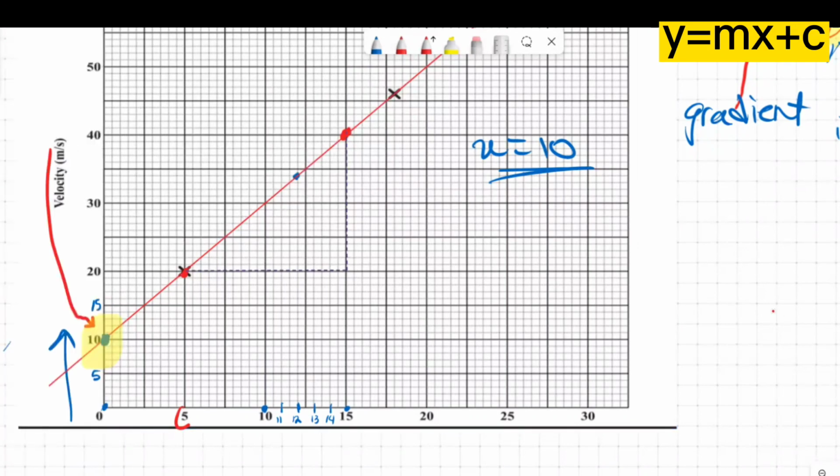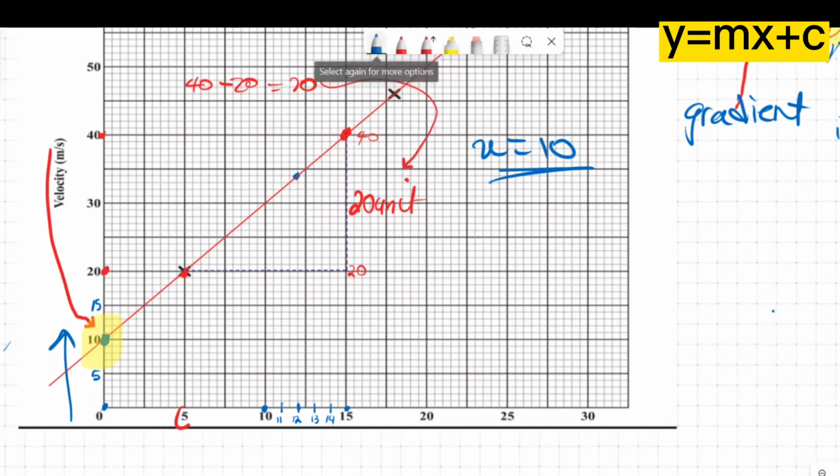Now we're moving from 20 to 40. So this is like 20, this is 40. So the length of this is 20 units. 40 take away 20, you're left with 20. And that is how we would have worked out that 20.